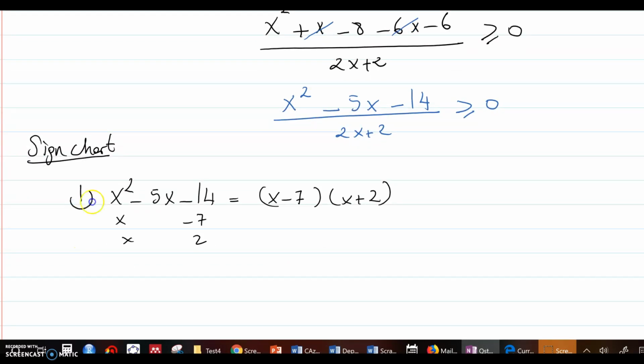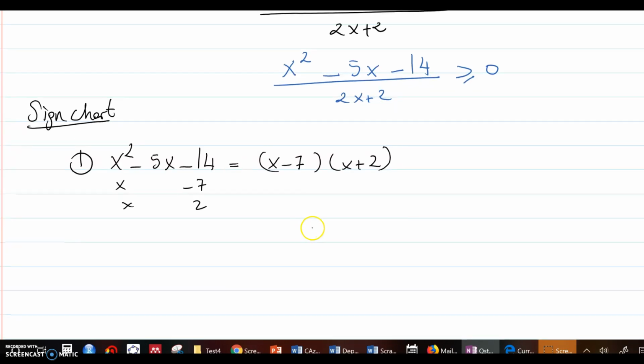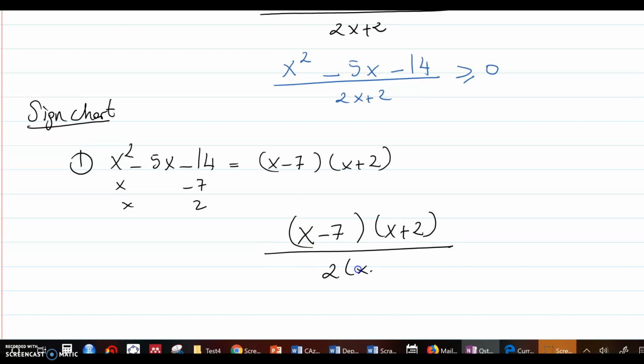And that's one. The other thing, 2x plus 2, oh, no, we don't need to deal with that. No, that's all. So let's write the terms. So top, we have this. At the bottom, I can write it as 2 times x plus 1. At the first place, I shouldn't be distributing that. So I want these terms to be greater than or equal to 0.